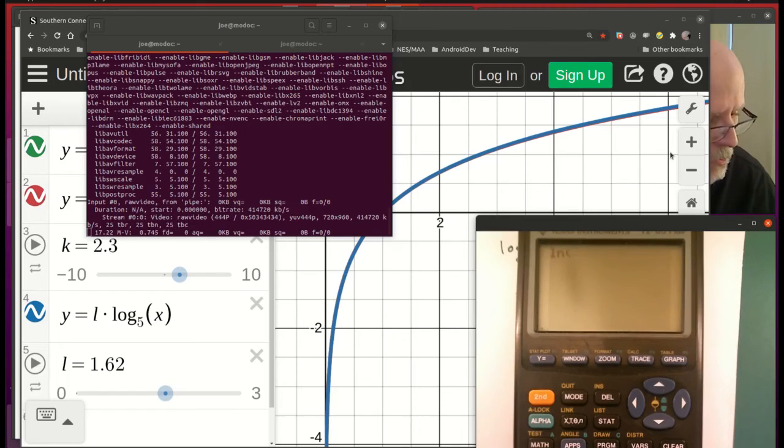Suppose I wanted the natural log of 5. Now, this calculator does have a natural log button on it, so not a problem here. But supposing I didn't have that, I could use the log to find it out. I would just take the log of 5 and divide that by the log of the base of that expression, which is e, 2.7182.